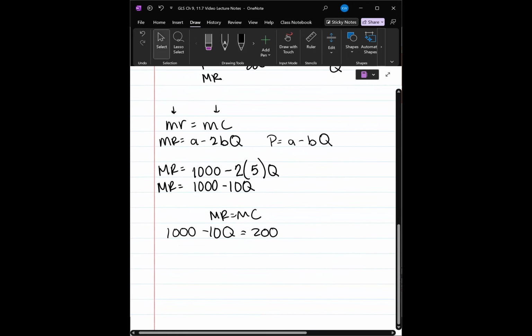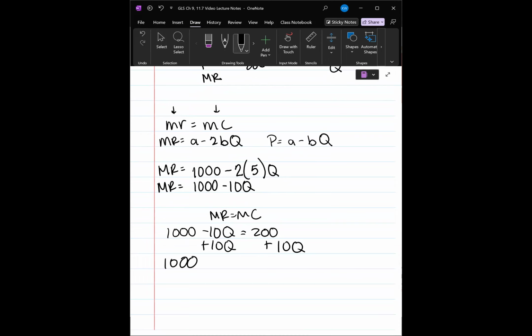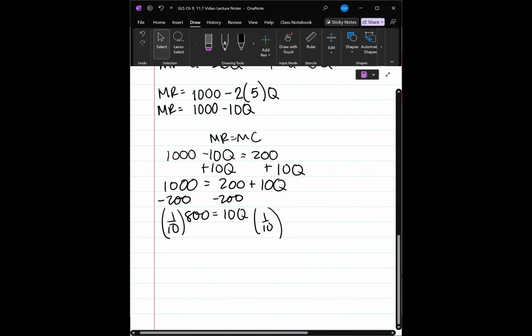We're going to add 10 times Q to both sides. That gives us 1,000 equal to 200 plus 10 times Q. Then we'll subtract 200 from both sides. That gives us 800 equal to 10 times quantity. We're going to divide both sides by 10. And we get 80 equal to quantity.